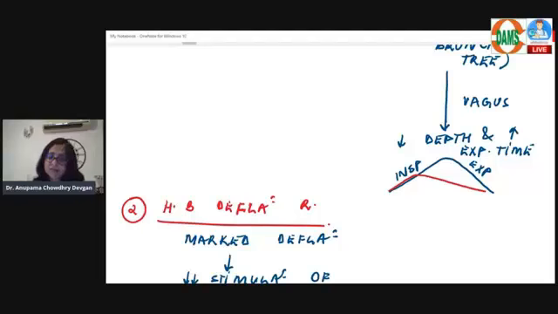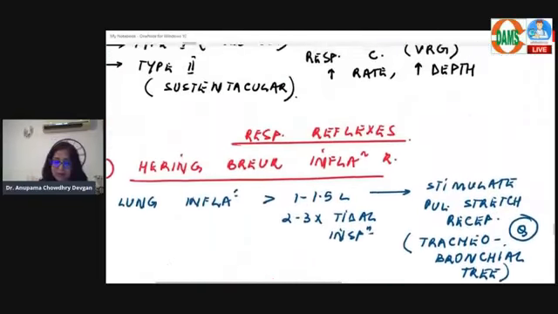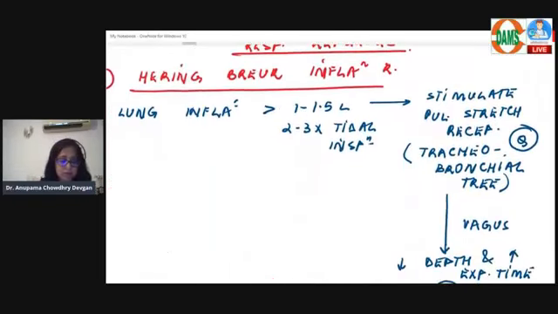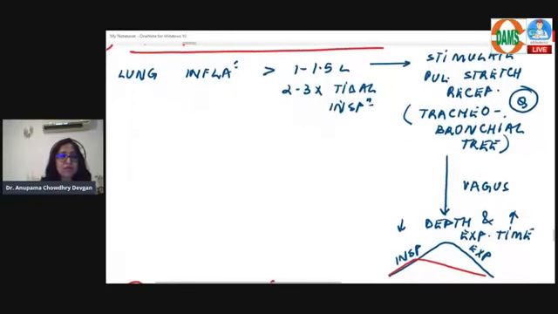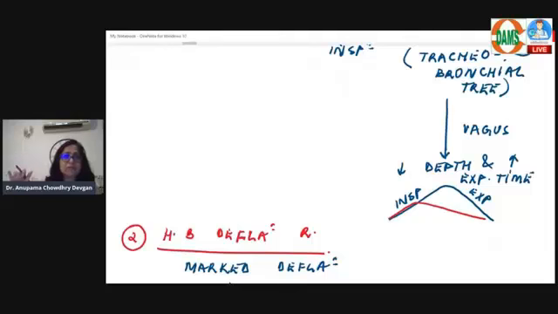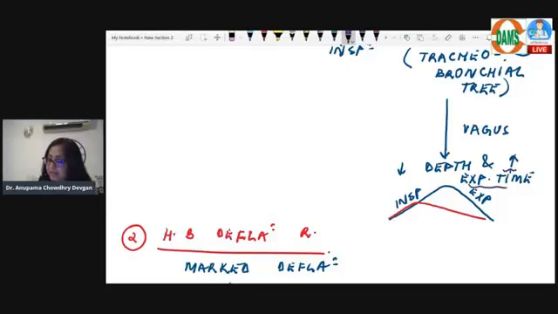Great. So now let me quickly revise the Hering-Breuer inflation and deflation reflex. Inflation reflex: whenever the tidal inspiration is more than 1 to 1.5 liters, it stimulates the pulmonary stretch receptors. Stimulation of the pulmonary stretch receptors will decrease the depth and increase the expiration time. Why is there an increase in expiration time?